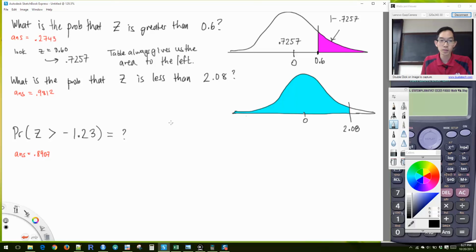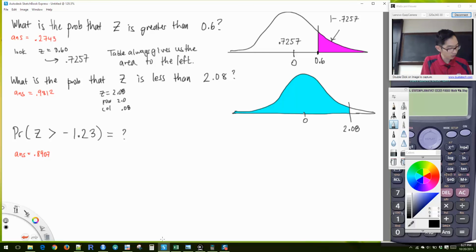Okay. All right, so how do I find 2.08 in the table? What row do I go to? So z is 2.08. So I go to the row 2.0 and the column 0.08. Is that okay? So I go to 2.08, the row 2.0, and the column 0.08.